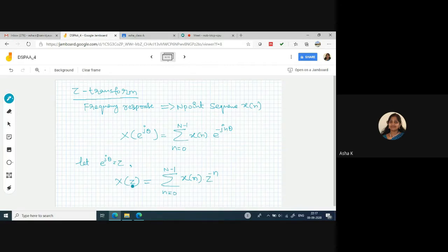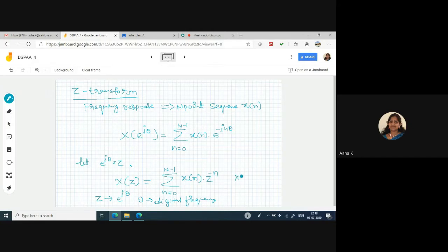The parameter z is related to digital frequency theta, where theta is called the digital frequency. So this X of z represents the frequency response in terms of z.